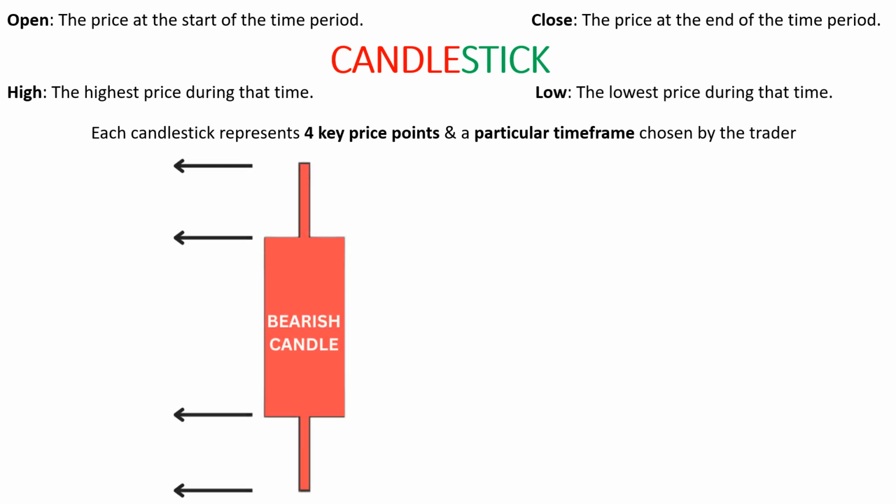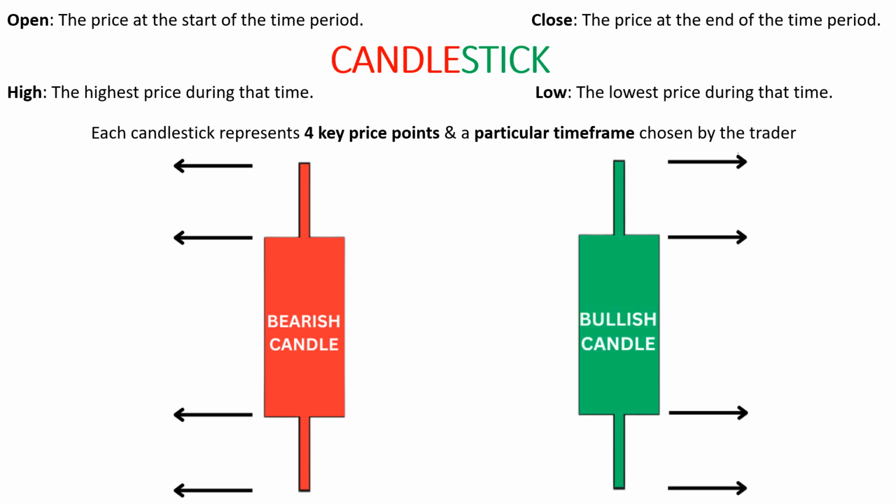This is how a typical bearish candle looks, and this is how a typical bullish candle looks. In this particular example of a bearish candle, let's say the price opened at 100. The buyers try to push the price up all the way to 105, but they were met with resistance from the sellers who were very aggressive.